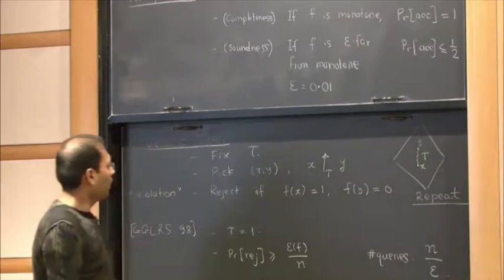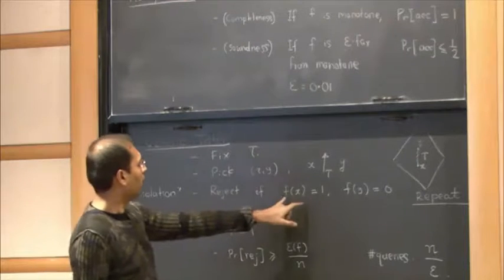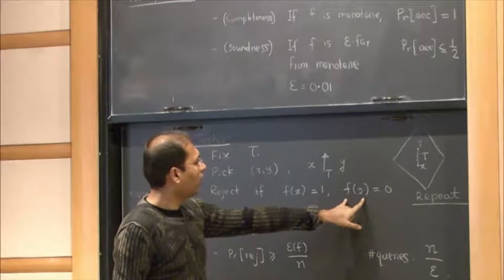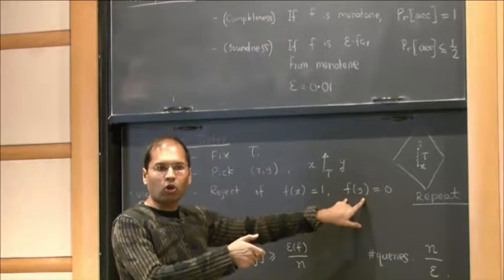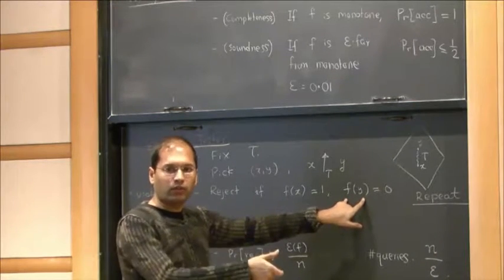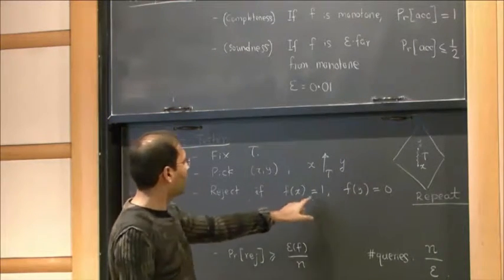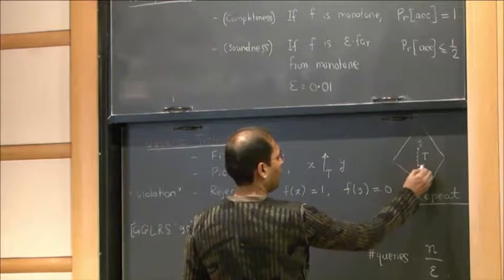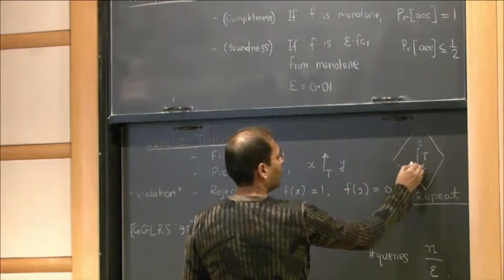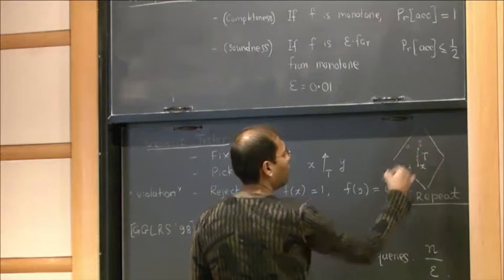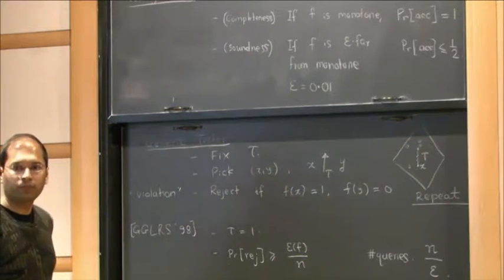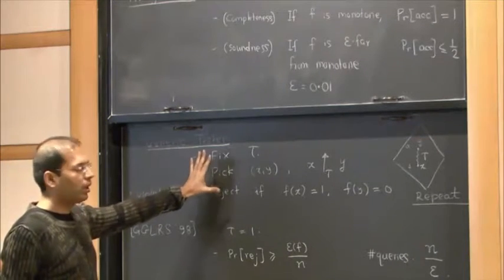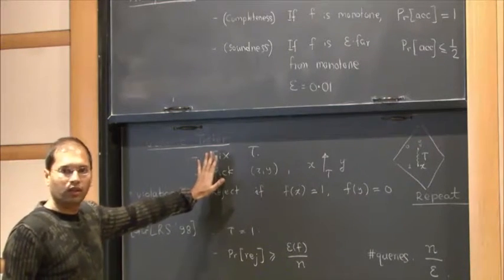And you look at the values of the function at x and at y, and if you detect a violation of monotonicity, then your tester rejects. What a violation means is the value of the function at point x equals 1, but the value at y is 0. That would be a violation of monotonicity, and then your tester would reject. So this is what I call a generic tester.